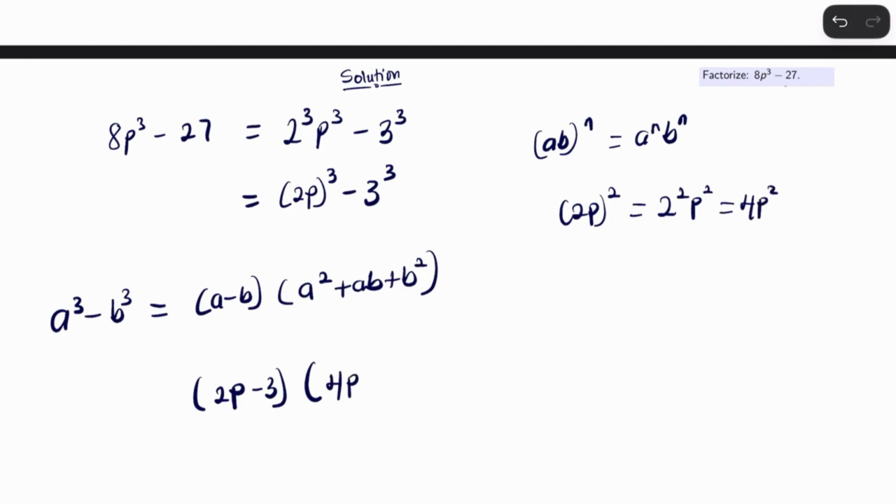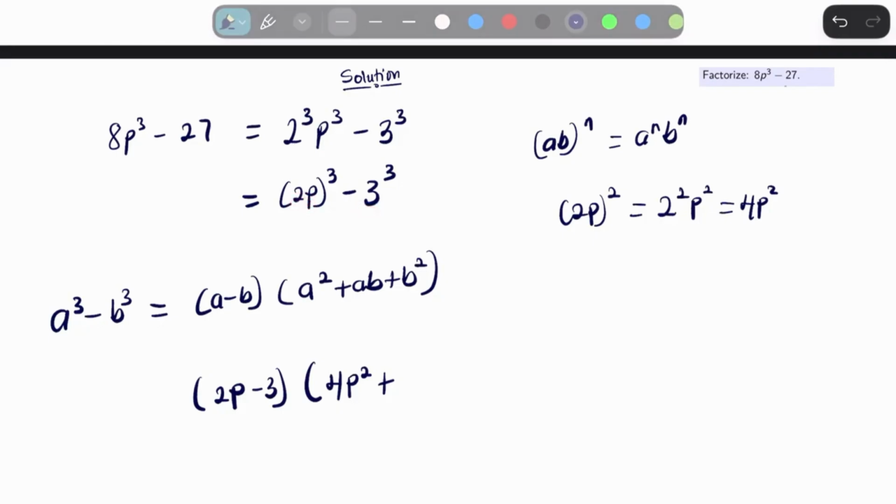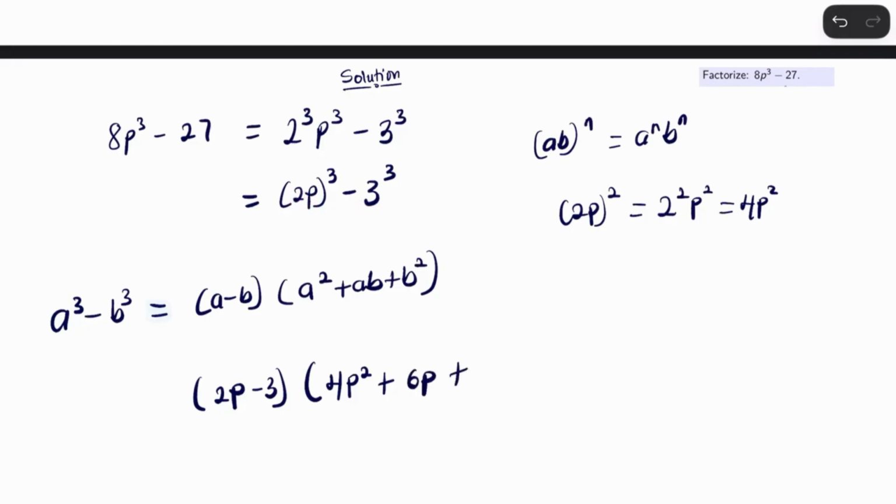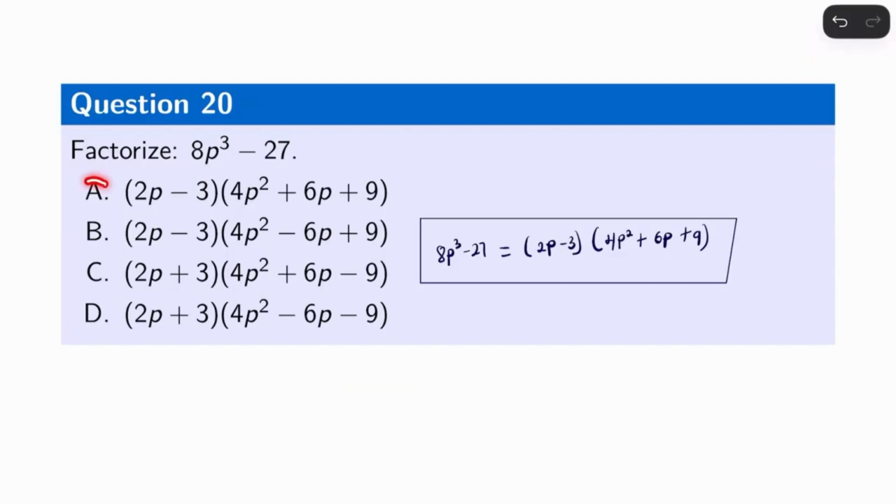Then plus a times b, so that's going to give us 6p, plus b squared, and b is 3, so that's going to give us 9. Thus, the correct option is option A.